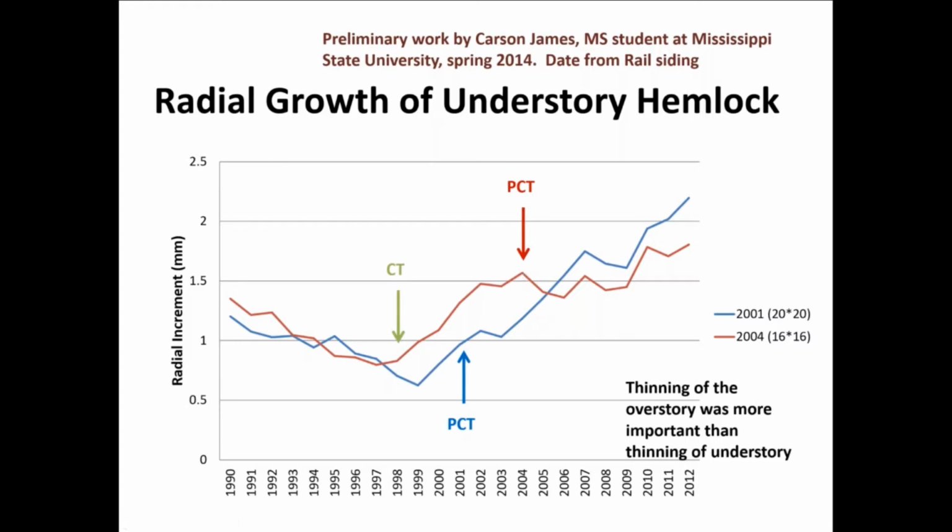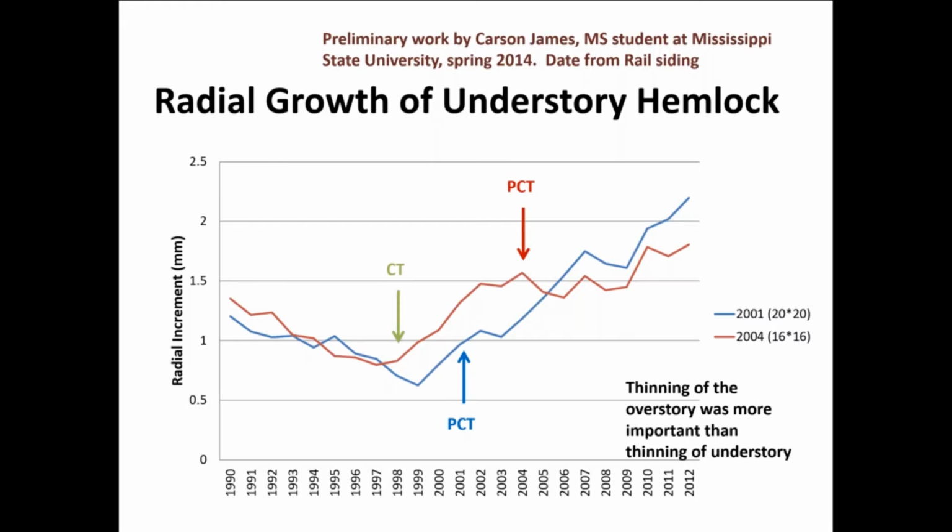In both stands, they did a commercial thinning in 98, kind of 98, 99. And then in this lower stand, they went in and thinned the understory, and in this stand, they thinned the understory then.